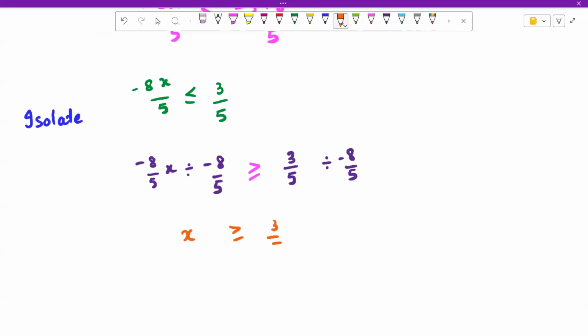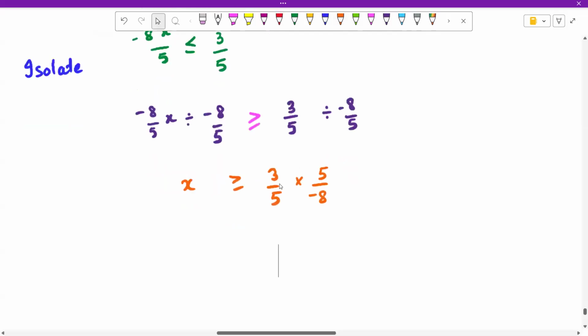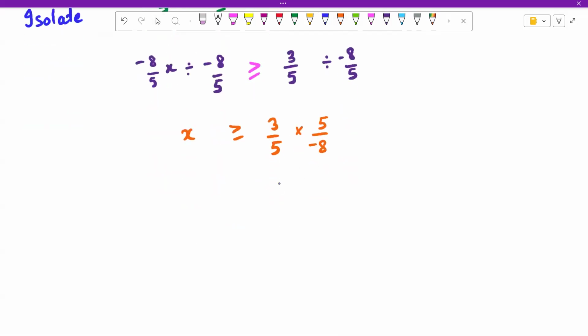And over here, what happens? 3 over 5 divided by negative 8 over 5. Keep, change, flip: 3 over 5 multiplied by 5 over negative 8. That gives 15 over negative 40. Can there be any cancellation?